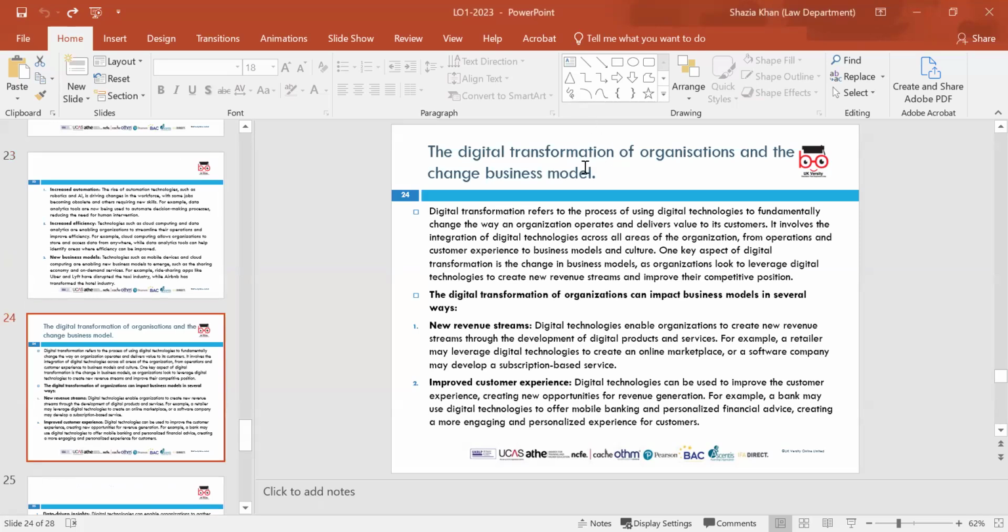So the digital transformation and the organizational change of business models. Digital transformation refers to the process of using digital technology, and how it's changing has had a big impact on organizations and businesses.